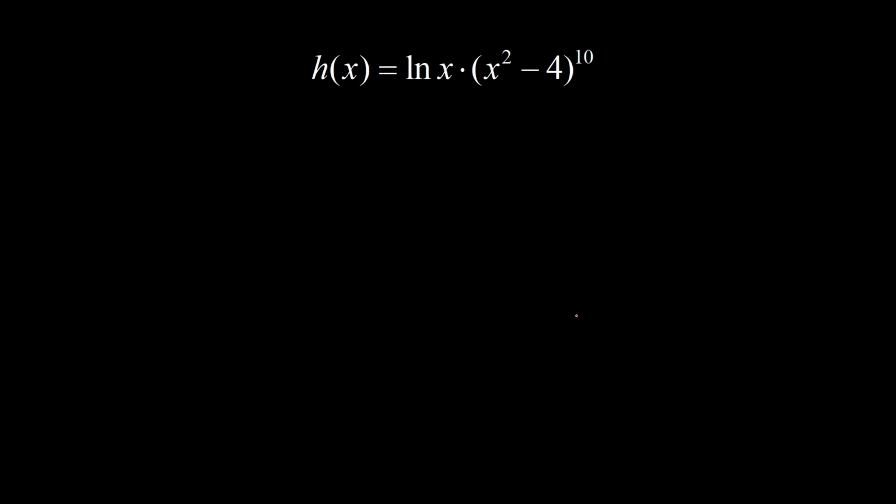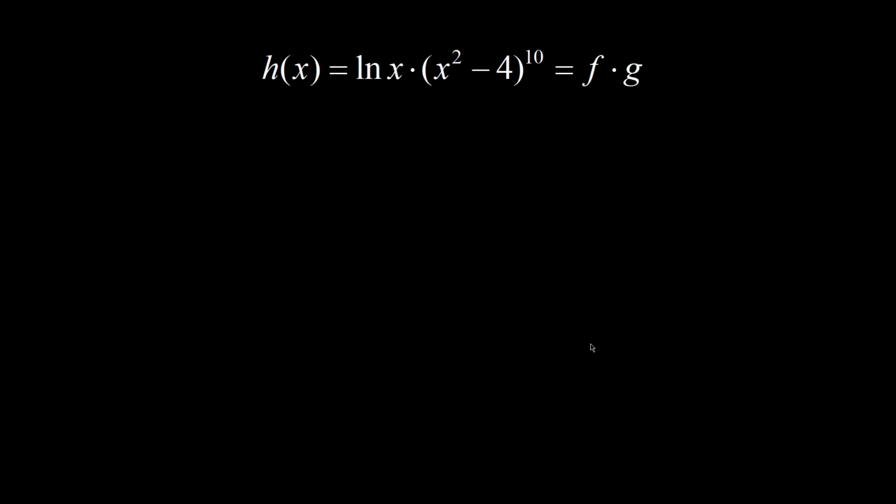So using the product rule, we break this into two factors, f times g, where we'll identify f as the log function, and we identify g here as the composite function. And once we have f and g, we take the derivatives.